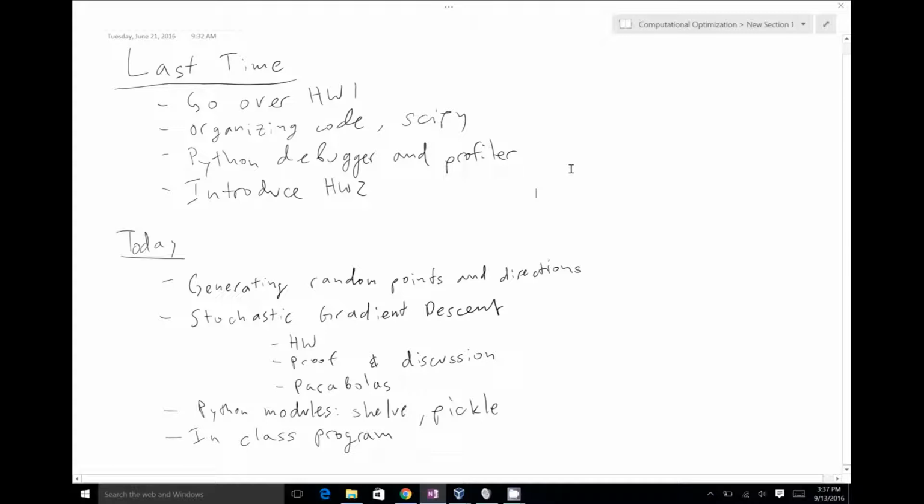And then, should we have even more time, we're going to do some in-class programming, and we're probably going to just test whether our generating of random directions actually is generating random directions, or if we had a bug in our code. In general, whenever you code something, it's important to pass in some examples where you can test whether it's actually producing the kind of result that you want.